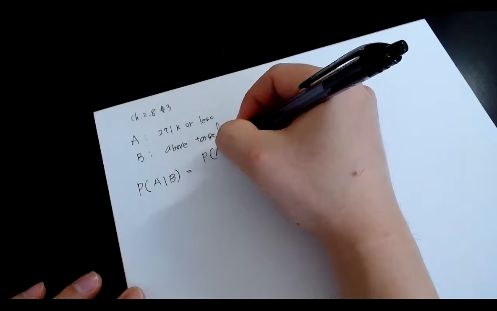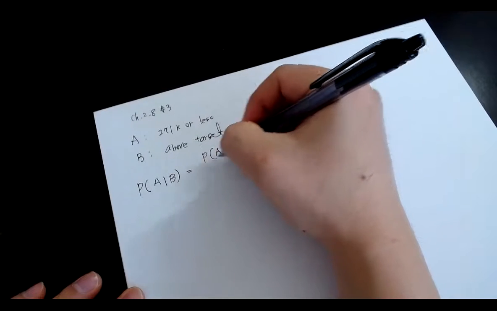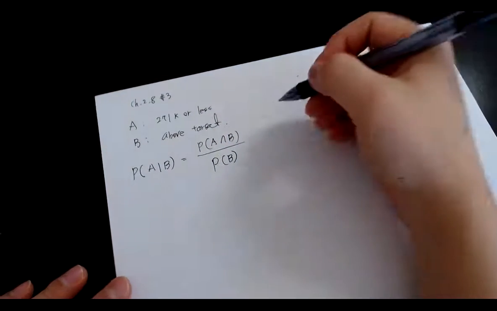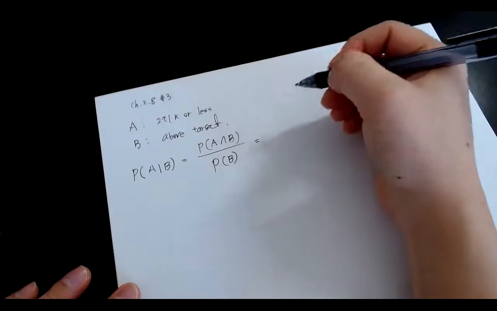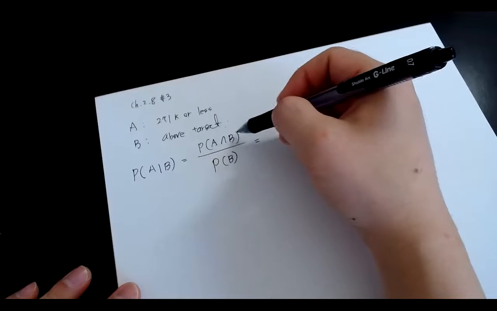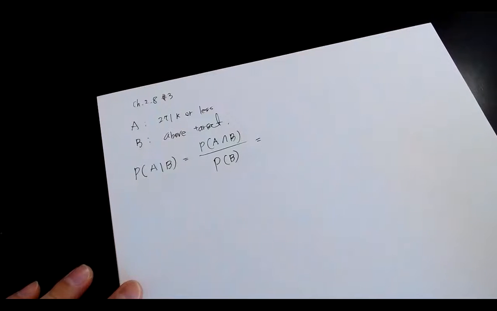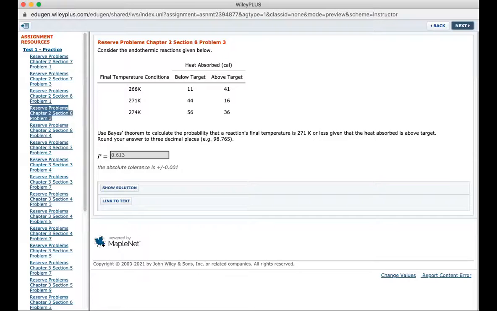This is the probability of A intersection B over the probability of B, right? Now we can find the probability of A intersection B and the probability of B. Give me a second. See the problem right here. So A intersection B is going to be what? 41 plus 16, right? Divided by the total number of reactions.